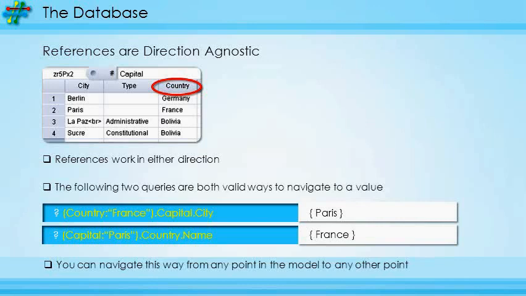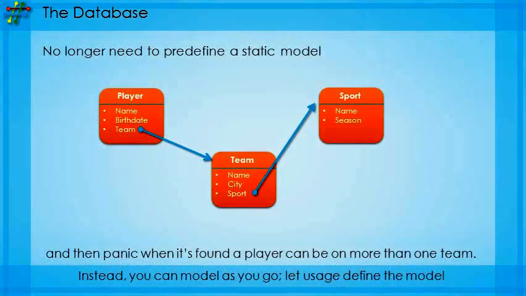But if you go the other way, capital is Paris, dot country dot name, you get France. So you can navigate it either way, and it's not bottom up. It's not actually parent-child or child-parent. It's just level references. And why this is kind of interesting is because you don't need now to predefine a static model. At least that's my hope.